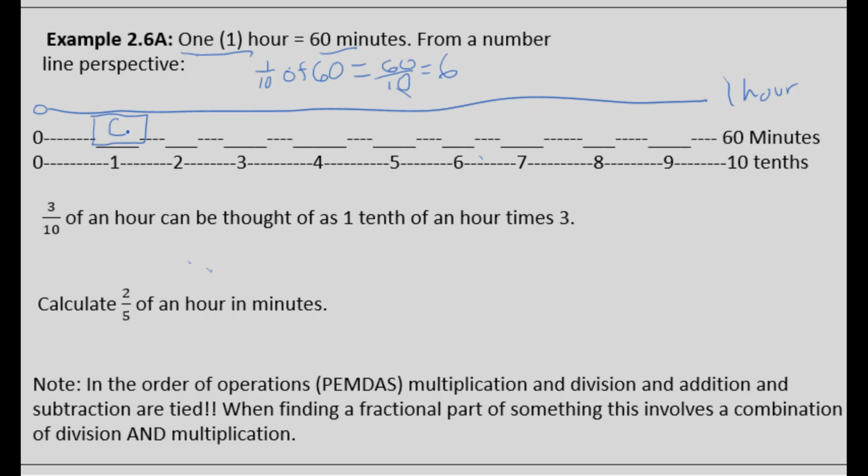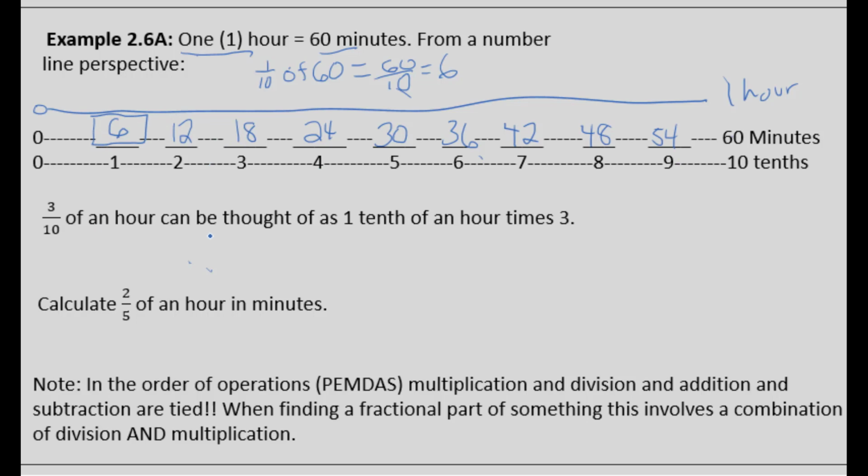So if every tenth is 6 minutes, 1/10 is 6 minutes, 2/10 is 12 minutes, 18, 6 more, 24, or 5 times 6 is 30. 6 times 6 is 36. 7 times 6. 8 times 6. 9 times 6. And finally 10 times 6. So that's one way of doing it.